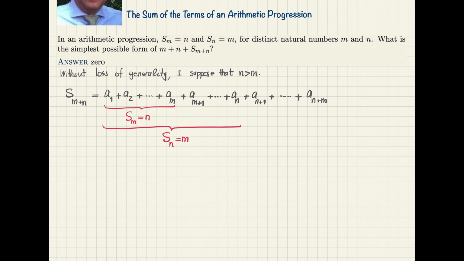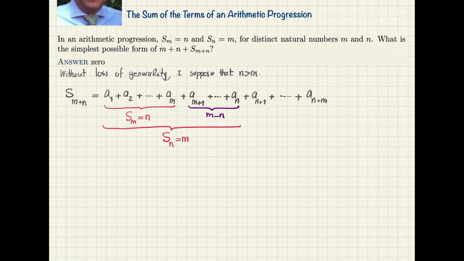Okay, so if I ask you what is the sum of these terms, you can answer that. Let me change my color here. So if I ask you what is the sum here, you would say this is m minus n. Yes? This is the sum of these middle terms.